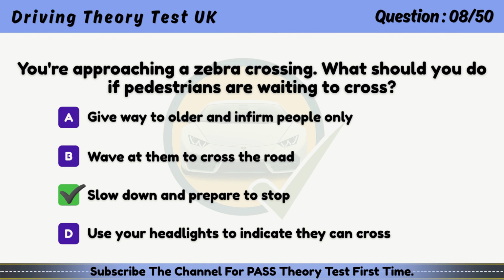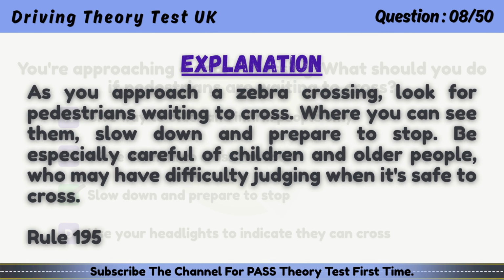Answer is C. Slow down and prepare to stop. As you approach a zebra crossing, look for pedestrians waiting to cross. Where you can see them, slow down and prepare to stop. Be especially careful of children and older people, who may have difficulty judging when it's safe to cross.